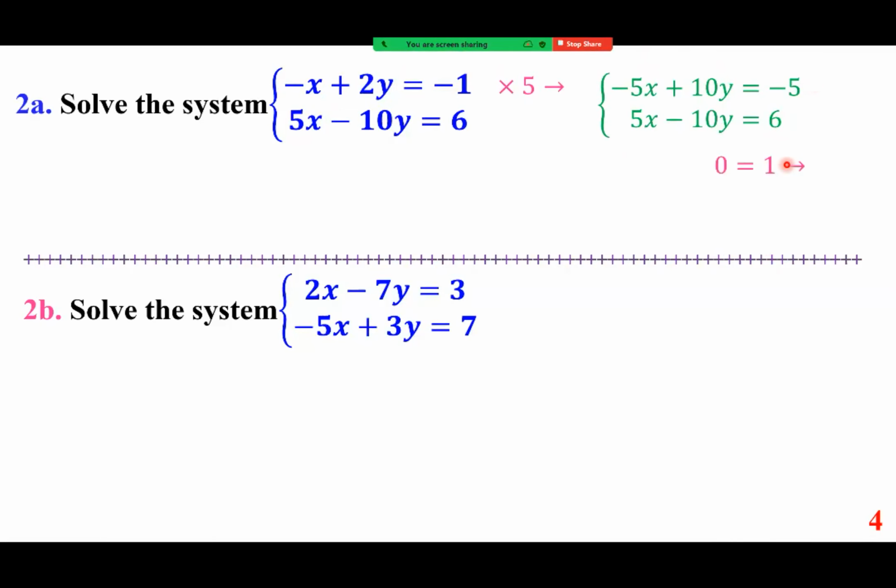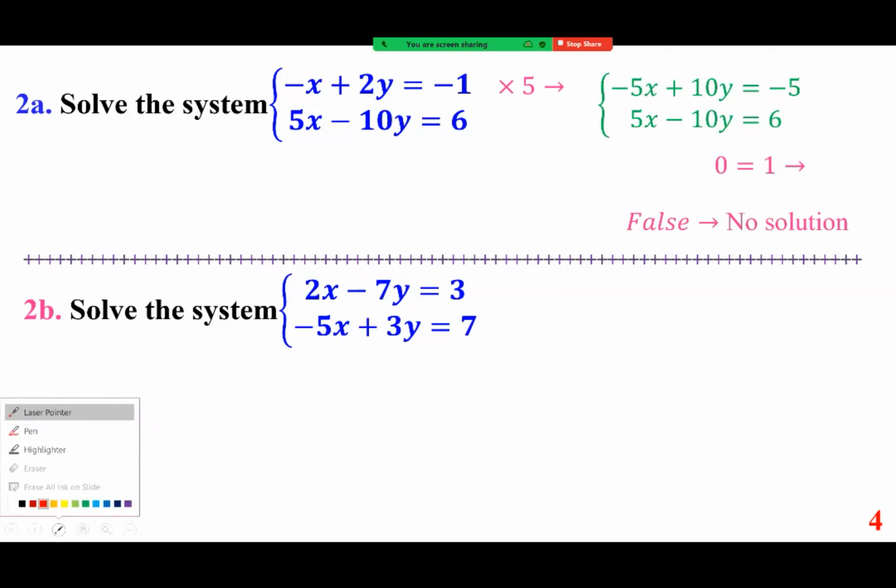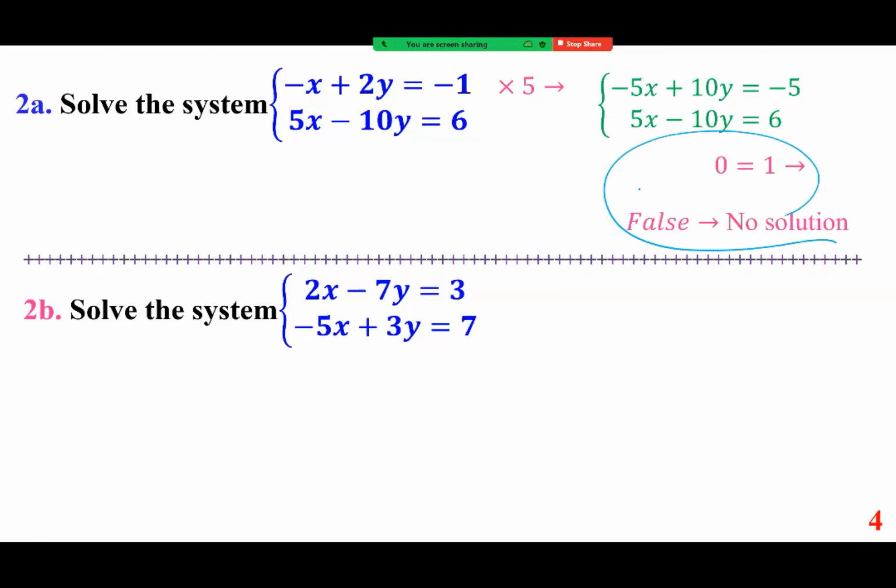This is a contradiction. That means it's false. That means there are no solutions. So what we are dealing with here is a contradiction, which is an inconsistent system. Simply put, you have two parallel lines.